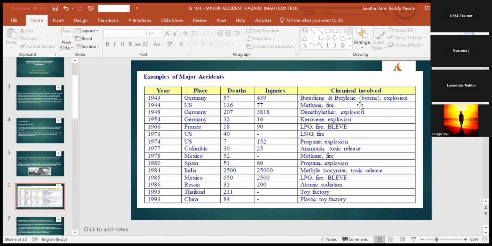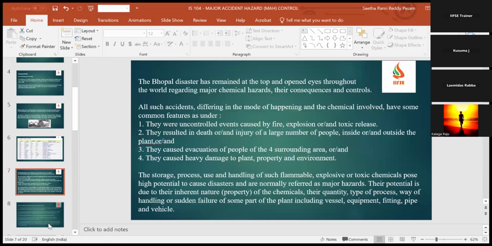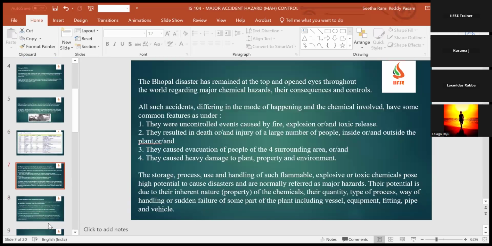Most of them are explosions: methane, fire, explosion, BLEVE, fire, explosion, toxic release, atomic radiation, a toy factory or plastic toy factory. These are the cases. This is not the latest one, but just to have a glimpse. We have seen worldwide the major or catastrophic incidents. It happened in India in 1984. After that, the MSIHC rules in 1989 were developed and initiated by the government.